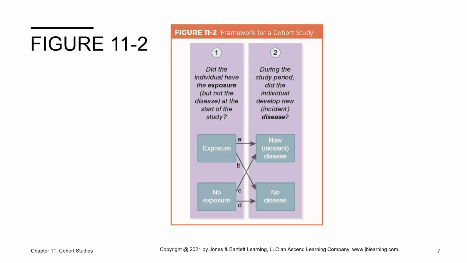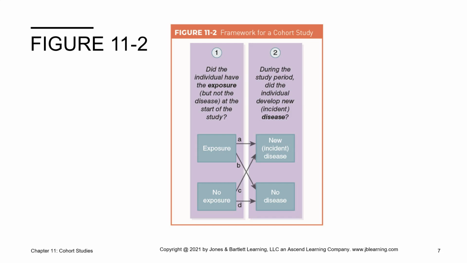Figure 11.2 goes over the framework. Starting off in this first column, the first thing you want to think about is, did the individual have the exposure but not the disease at the start of the study? At baseline, you're looking to see exposure, non-exposure, and then you're moving over to follow up with them to see if during the study period, did the individual develop a new disease?